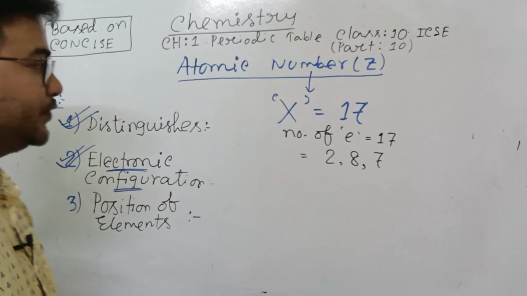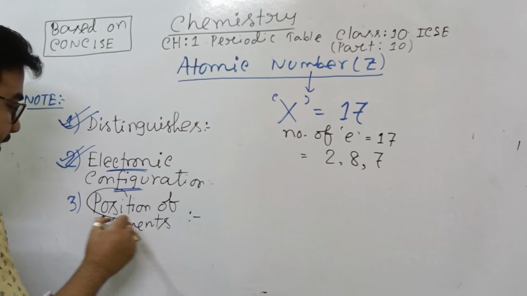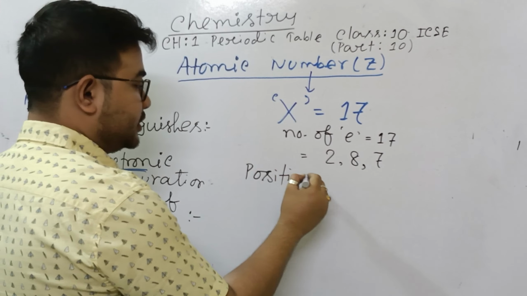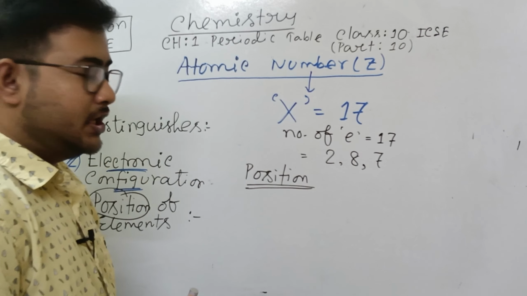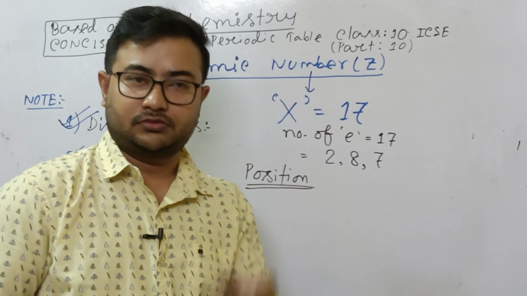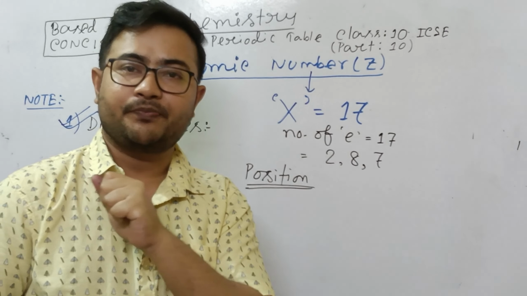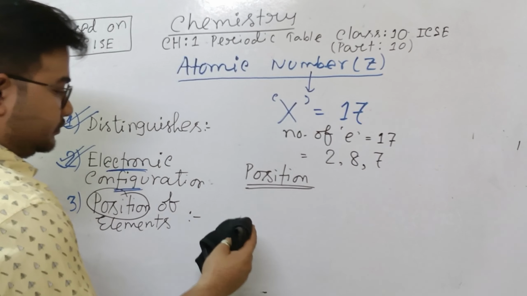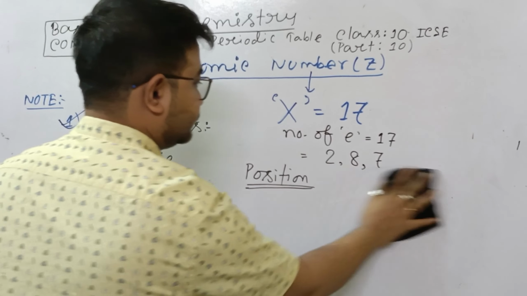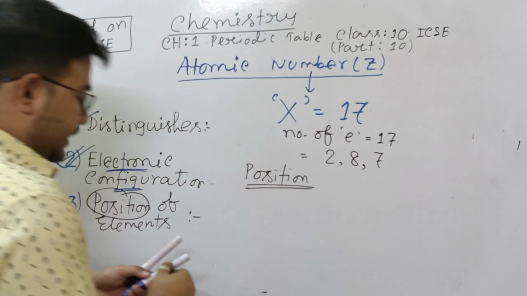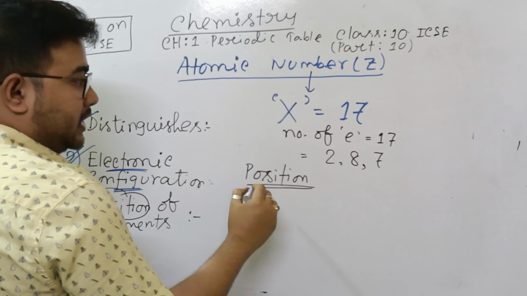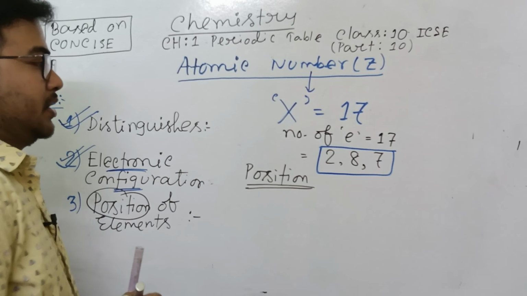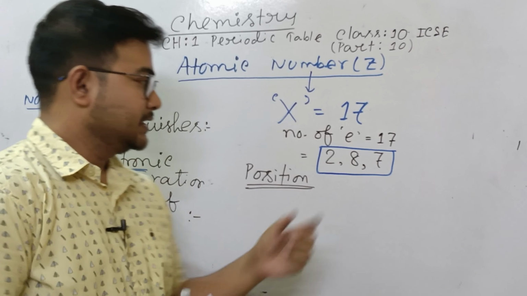Okay, now all of you know the position indicates. Position means, in the periodic table we have groups, that is columns, and we have periods also, that is rows. So look at the board. In case of this element, how many orbits are there? 3.